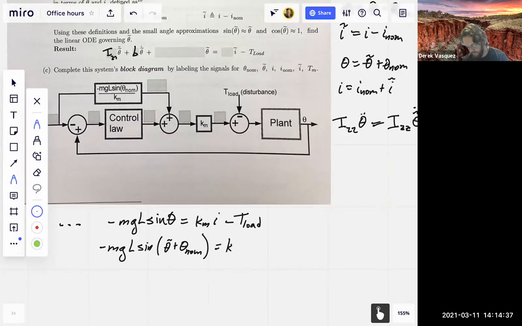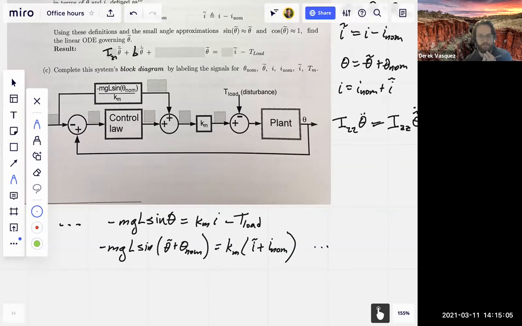And that's equal to km, and that's equal to I tilde plus I nominal. And then minus T load. That's just a constant, so I'm not going to worry about that here. Okay. Questions about these substitutions that we're doing?